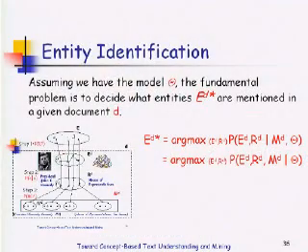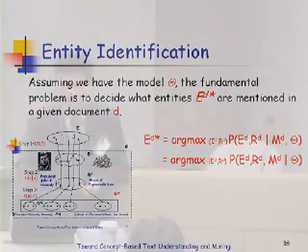So typically, when we have a set of documents, we observe the actual names in a document. And we need to figure out what are the most likely entities and what are the most likely representatives for these names. Okay. And this is formalized as an inference problem based on the model.